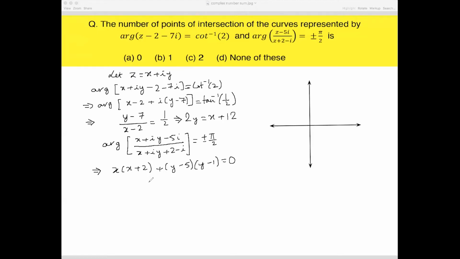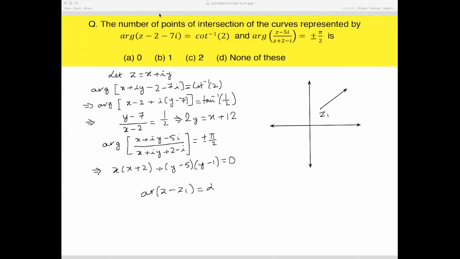Now, let us try and do it by some other method. We have to note that arg(z - z1) = alpha would look like something like this. If z1 is this and say alpha is an acute angle, then we would have a ray going away from it in this direction.